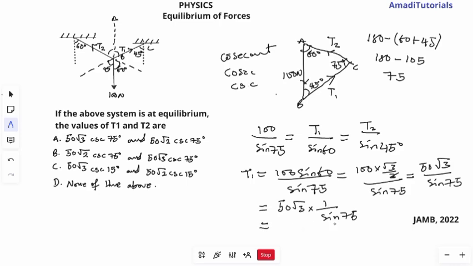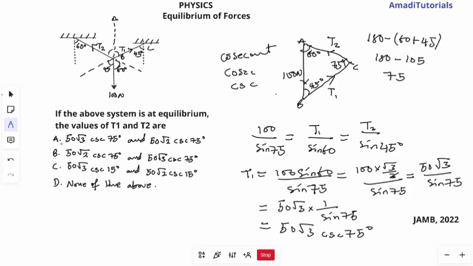So if we substitute that, what we'll be having is 50 root 3 cosecant of 75 degrees. So our T1 is 50 root 3 cosecant of 75 degrees.